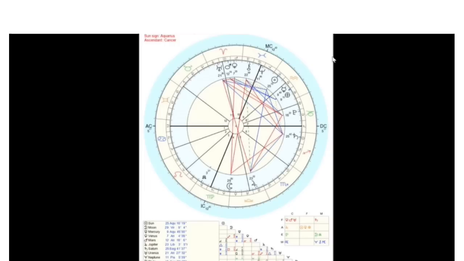So what does this chart show us? First of all, the thing that you look for in a criminal situation, in a murder, in an event chart like this is the ascendant or the first house. Now, the first house rules the victim, or in this case, victims.